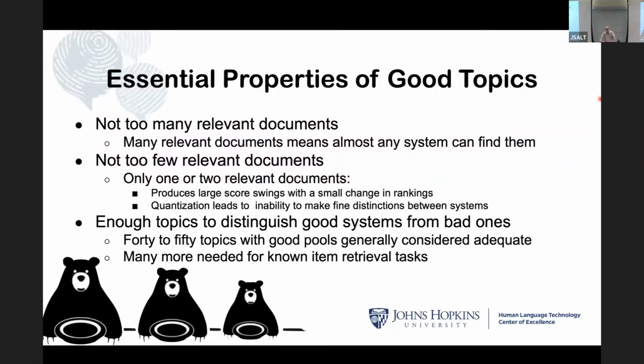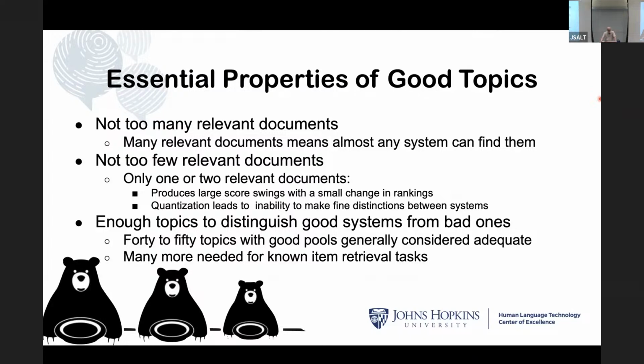So what is a good topic? Well, you want not too many relevant documents. If a topic has many, many relevant documents, then any system is going to be able to find them, right? You can do some horrible system, and it'll probably find a bunch of them because there's so many. And so you won't be able to distinguish the good systems from the bad ones.